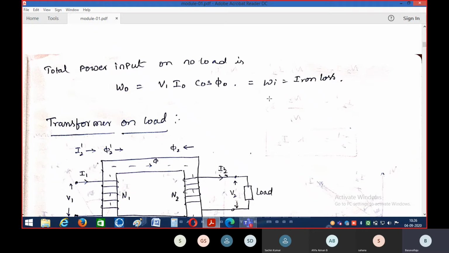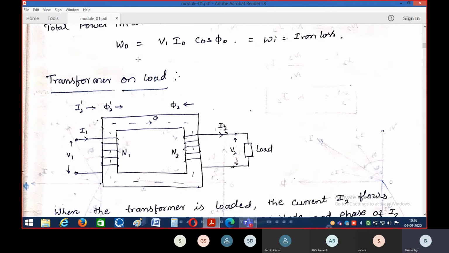So this is about the operation of the transformer during the no load condition.